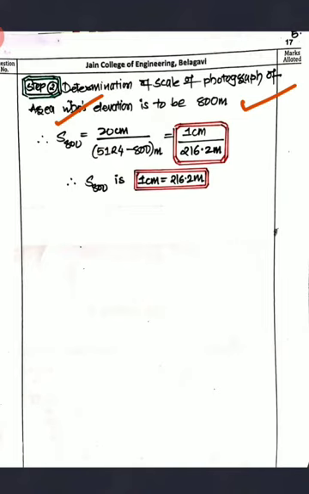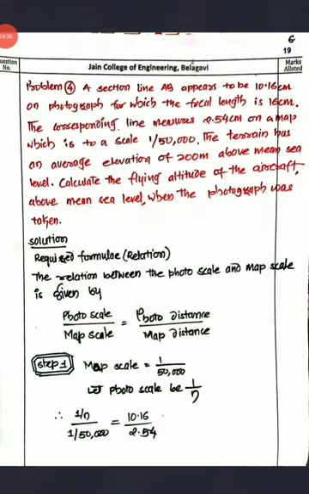Now scale is 1 centimeter divided by 216.2 meters, that is, 1 centimeter on the photograph is equal to 216.2 meters on the ground. Now this is the scale. They don't ask for the representative factor, so we are not going to find that. If you want, you can find that also.